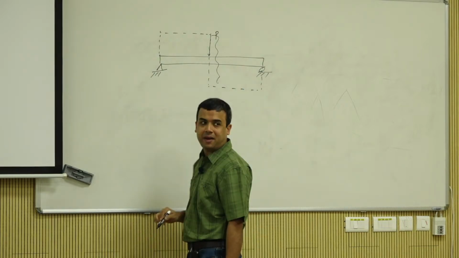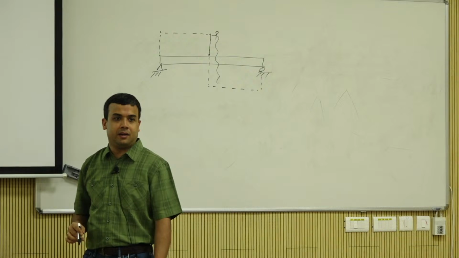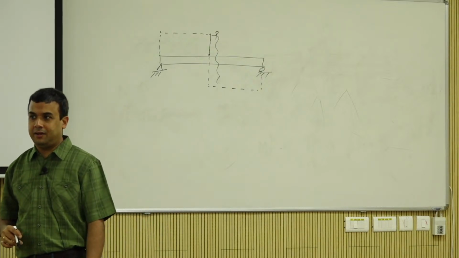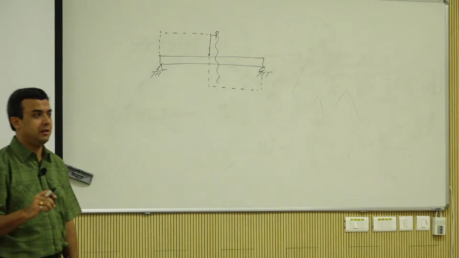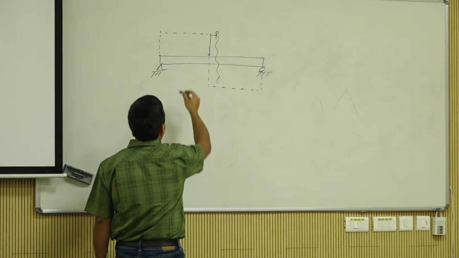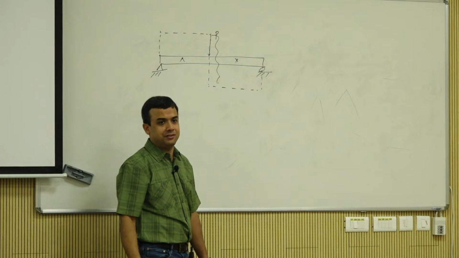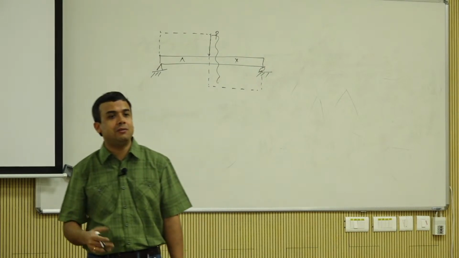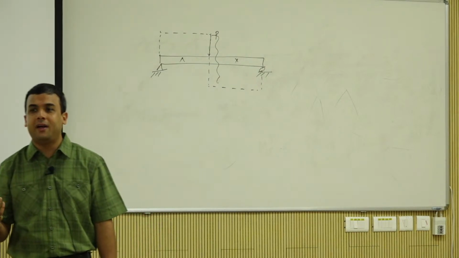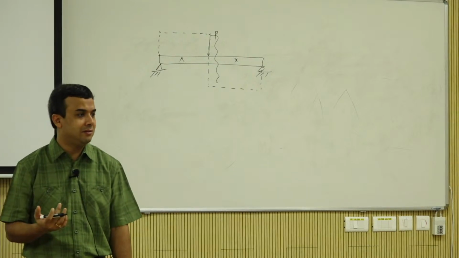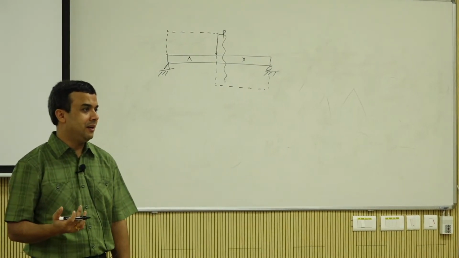What is this fall magnitude? P. So if you have any point, you measure the shear force on the left, on the right. You take the difference. What's the value? The load applied between the 2 points, right?